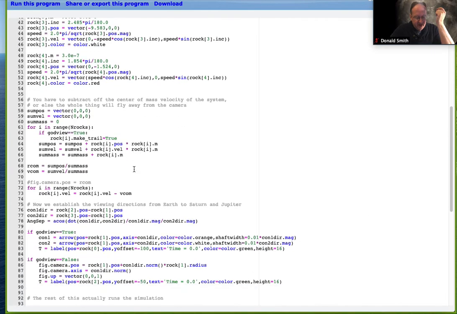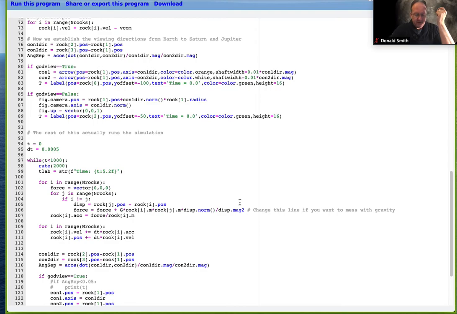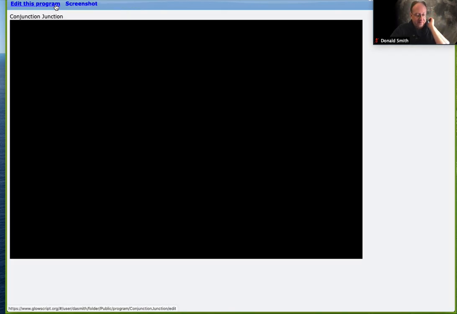So one thing we can do with this program is say, what would happen if it weren't 1 over distance squared? So right here, you can see this DISP mag2 is the computer's way of saying distance squared. If I take out the 2, that will give me just the distance. So instead of distance squared, we take 1 over distance. So that means gravity becomes much stronger. So how would the universe work if gravity were stronger?